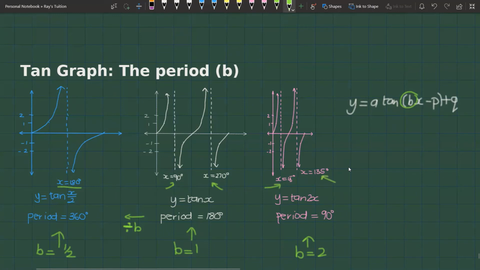Once again, we can get our new period and new asymptotes by dividing by b. So 180 divided by 2 is 90, and our asymptote x equals 90 divided by 2 becomes x equals 45, and x equals 270 becomes x equals 135.